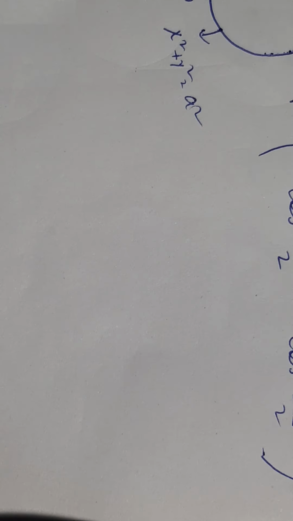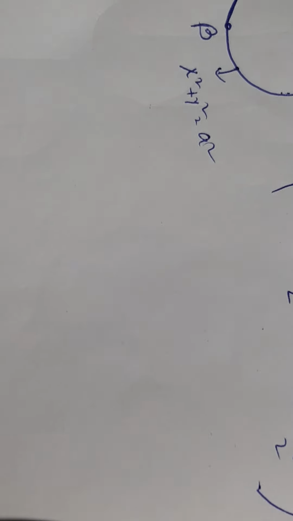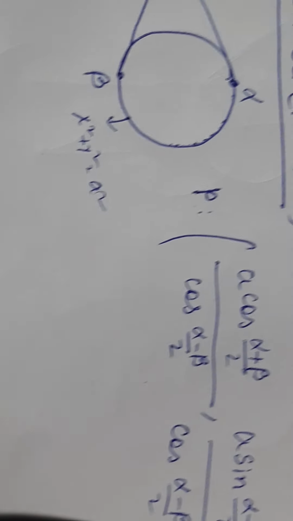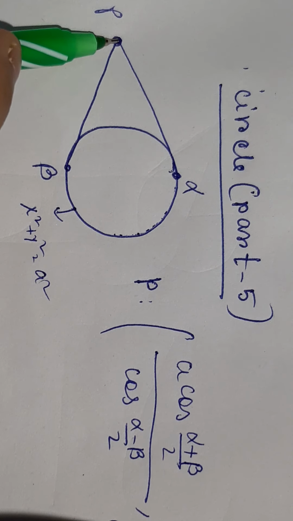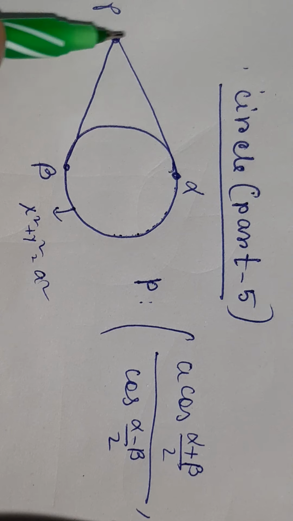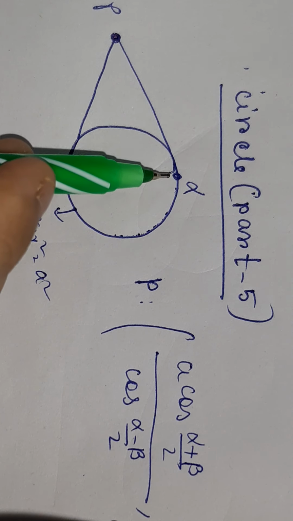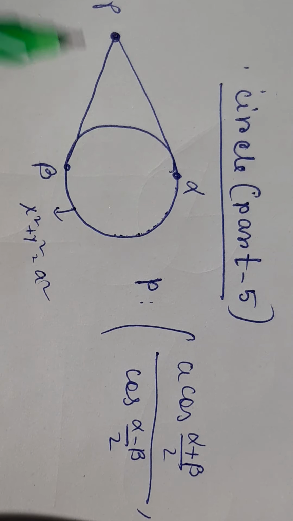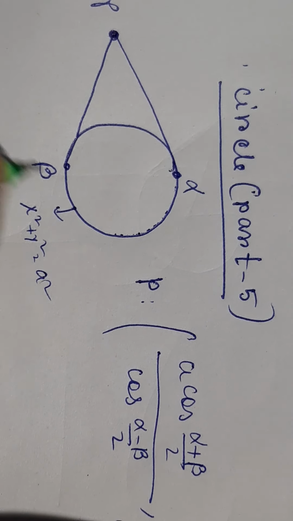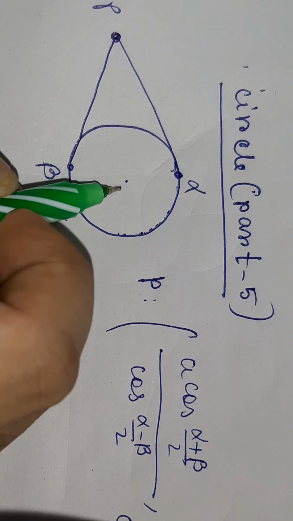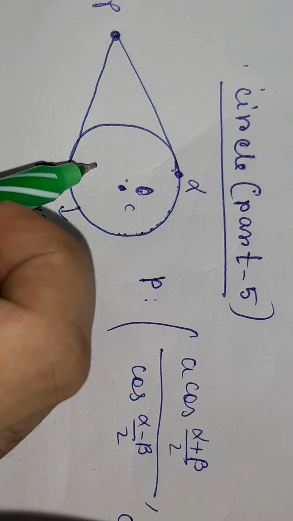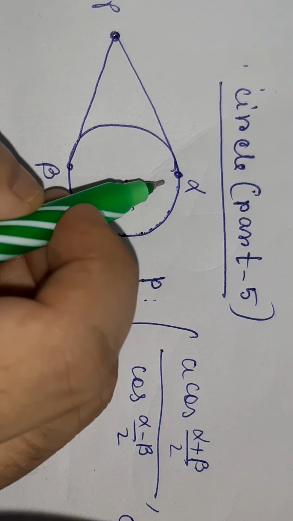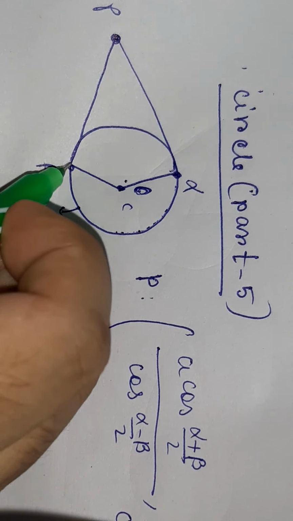Now I will teach you what the chord of contact is. We have the intersection point P, and we draw two tangent lines P alpha and P beta. The center is C, and we join C alpha and C beta.